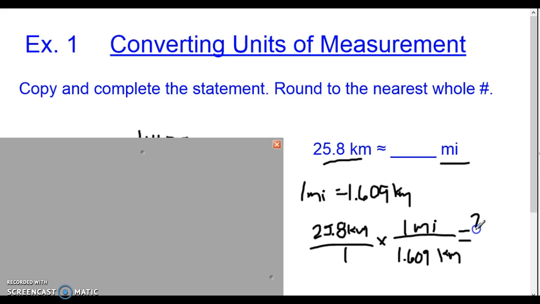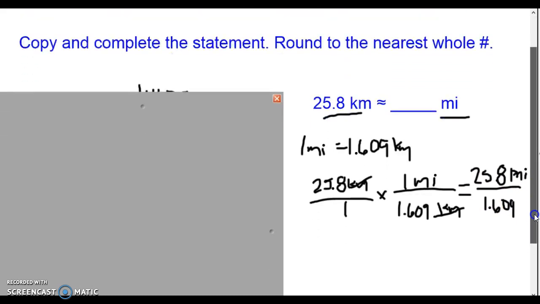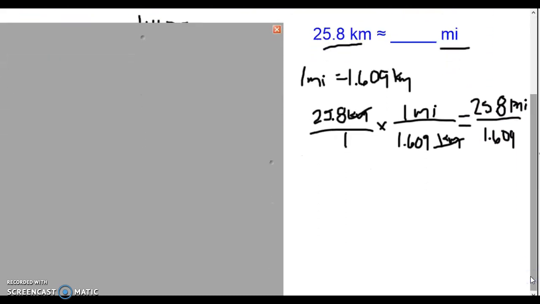So on top, I'd get 25.8 kilometers, or miles, sorry. Miles, because my kilometers canceled out, over 1.609. Now here I have to divide, and for a lot of us, this is going to be a review.